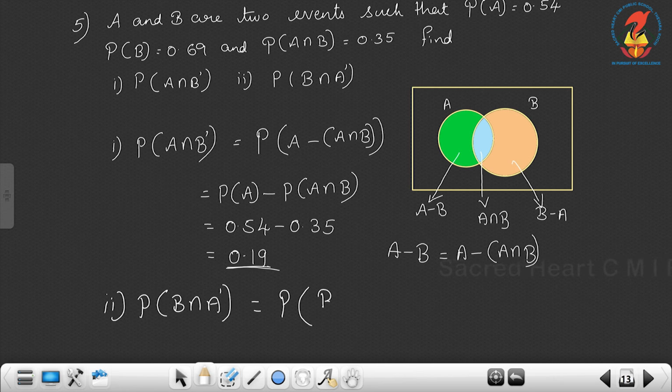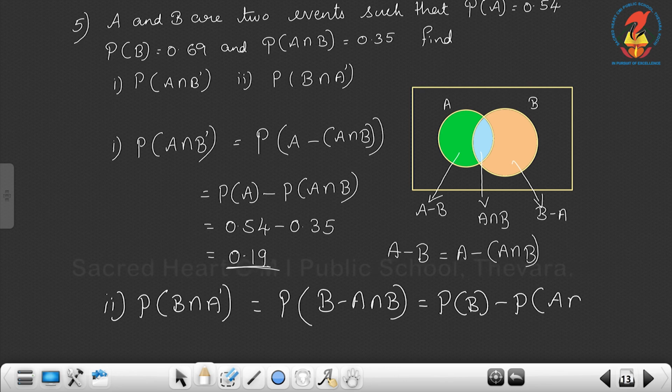It is P of B minus that blue color portion, A intersection B. That is P of B minus P of A intersection B. Then what is P of B? P of B is 0.69 minus 0.35. So that's equal to 0.34.